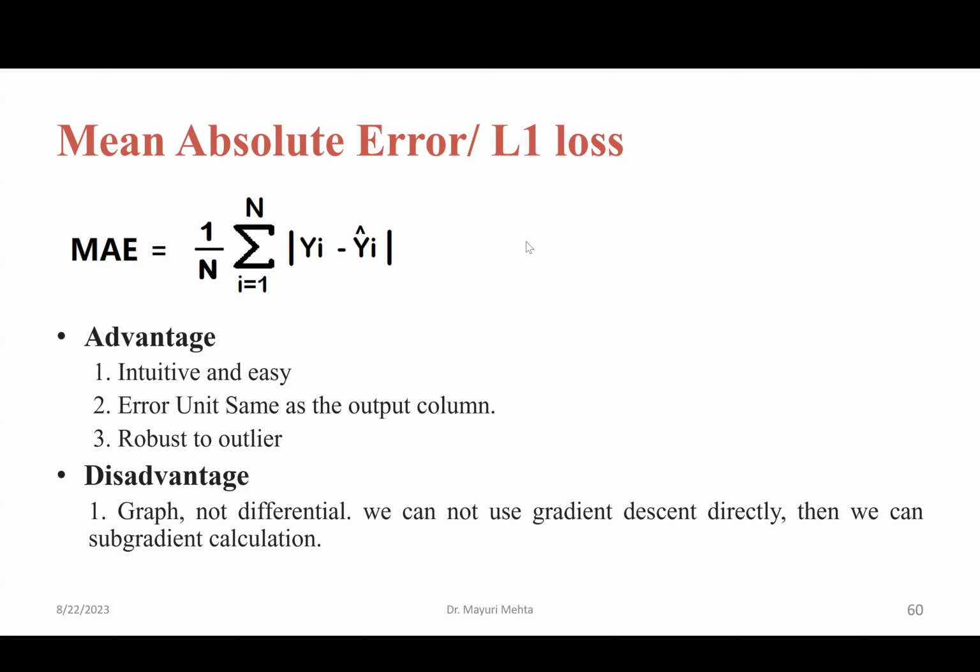The advantages are that it is intuitive and easy, the error unit is the same as the output column, and it is robust to outliers. So one disadvantage of L2 loss is overcome by L1 loss: L2 is not robust to outliers, while L1 loss is.